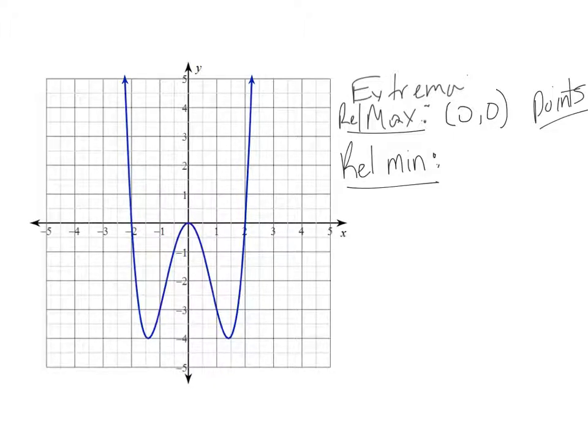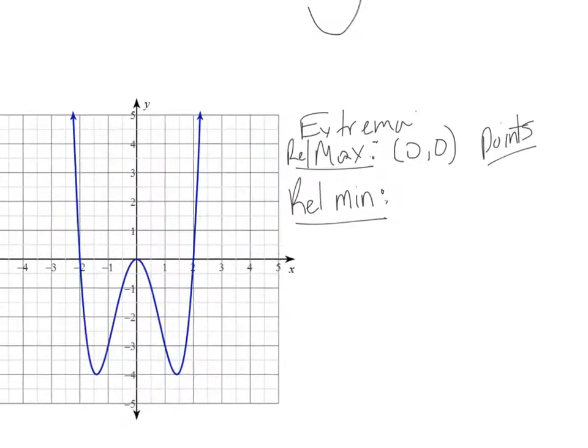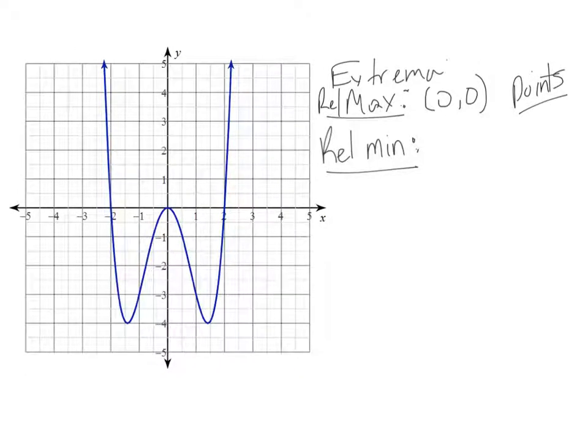Okay, relative minimum. Now this is actually two minimums, here and here. The real minimums, but we still call them relative minimums. Okay, now this isn't exact, so I'm just going to round at this point. Just guess.